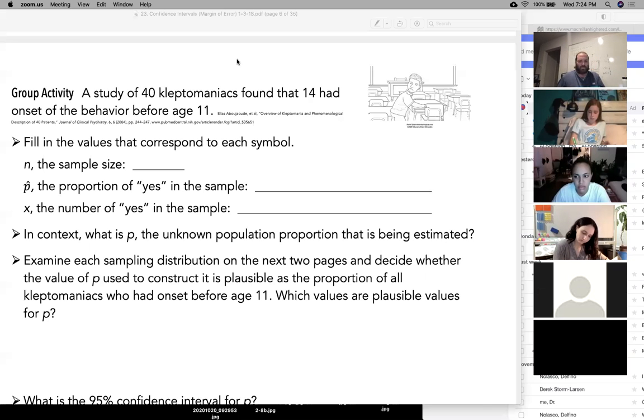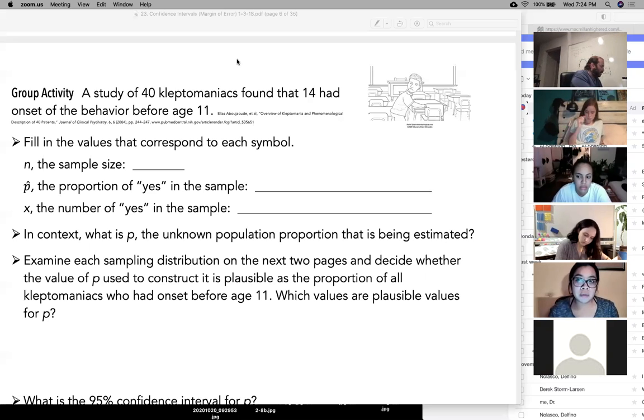What is P? The unknown population proportion that is being estimated. I'm not looking for a number here because I don't have a number for it. P is not a number. P is a concept.